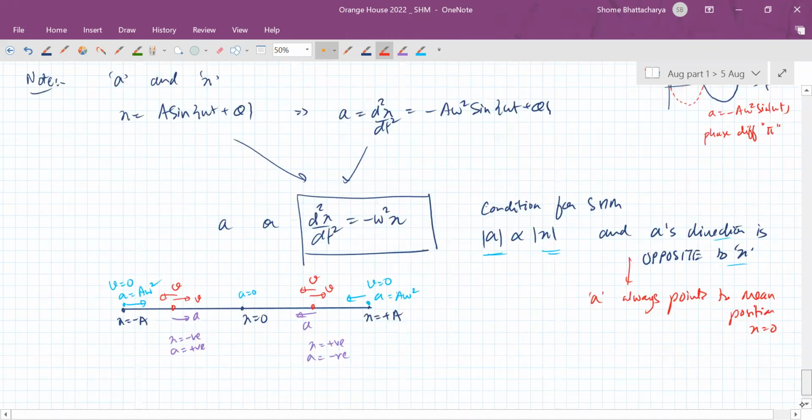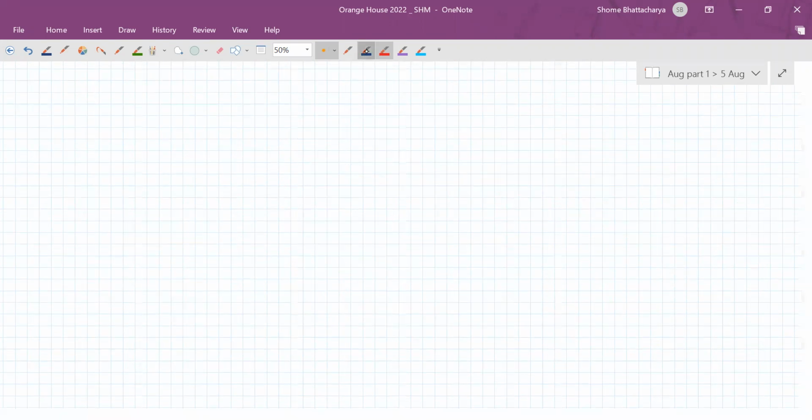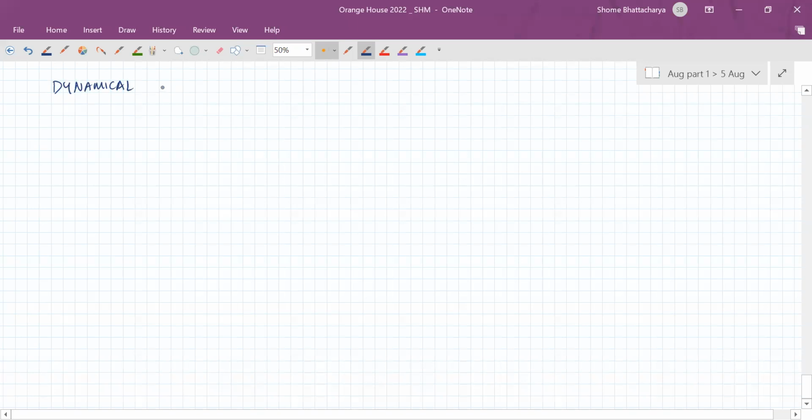Okay, so this brings us to the final point. From the condition of acceleration, we understand what is called the dynamical condition for SHM. The word dynamics is to do with force. So you'll understand what is the condition on force so that a system will perform SHM.